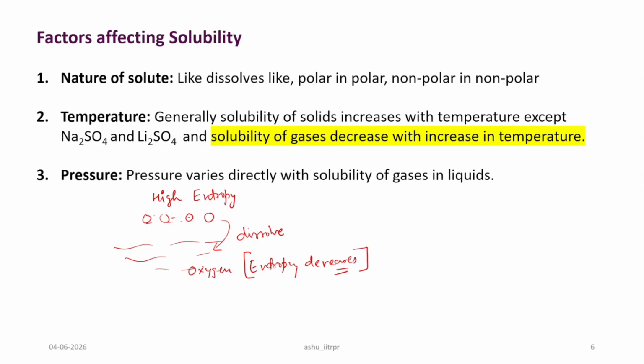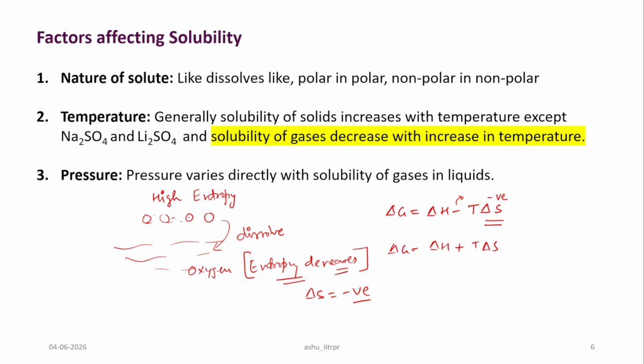And we all know the equation from thermodynamics, class 11th, that delta G is equal to delta H minus T delta S. Dissolution of oxygen in water is accompanied by a decrease in entropy. That means delta S is negative. So this negative and this negative become positive. That means delta H plus T delta S.